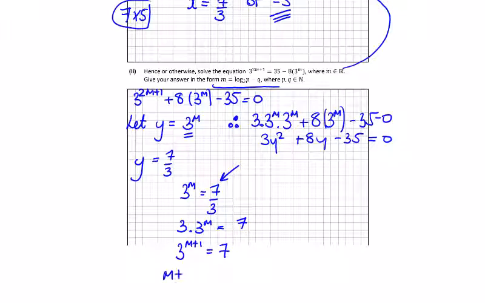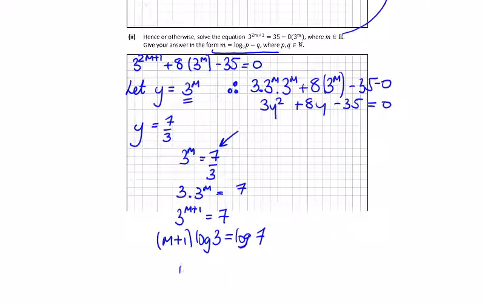So you'd have m plus 1 by the log of 3, taking the log of both sides, is equal to the log of 7. If I divide by the log of 3, I'm going to get m plus 1 is equal to the log of 7 divided by the log of 3. So m is equal to the log of 7 over the log of 3 minus 1.